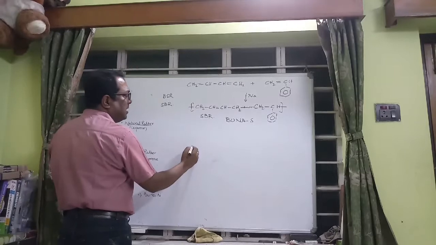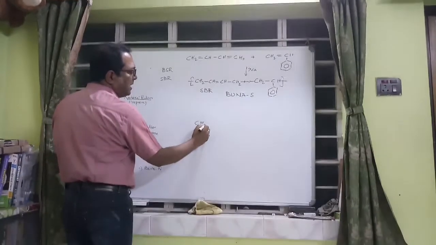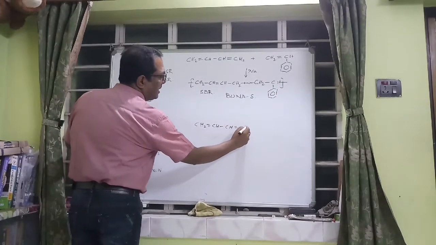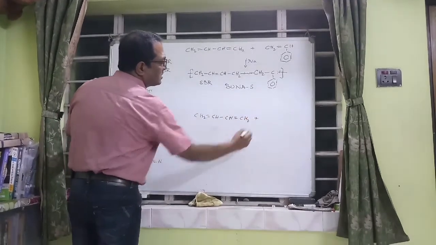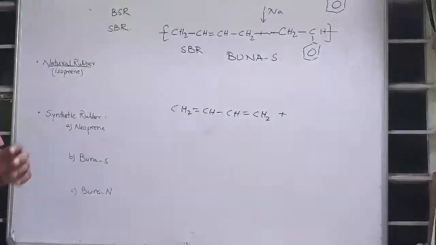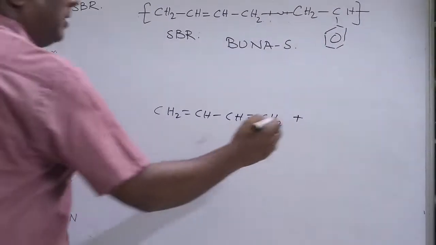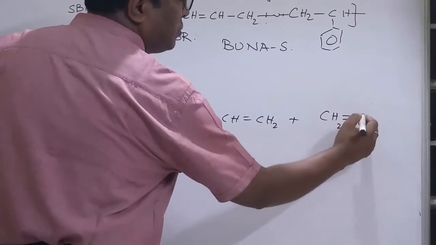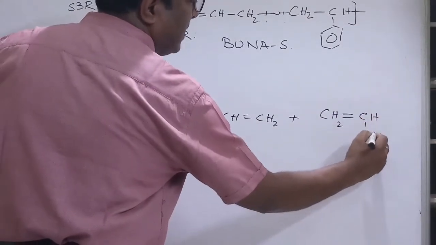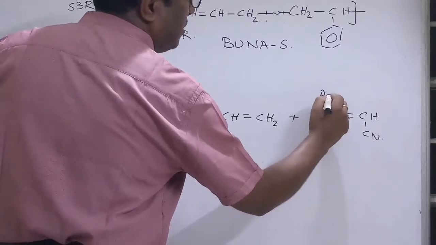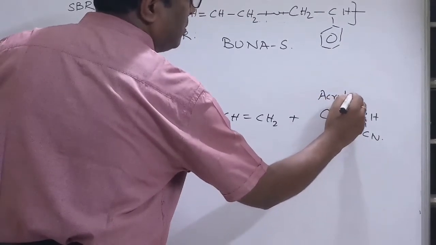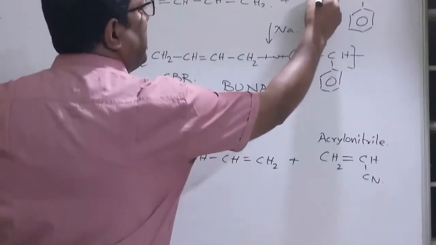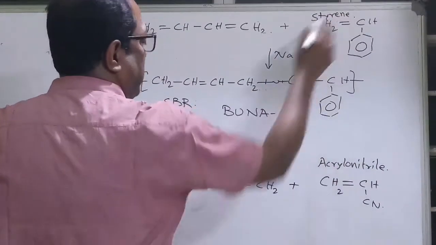This is Buna S. For Buna N you have again 1,3-butadiene plus you add here acrylonitrile. What is that acrylonitrile? CH2 double bond CHCN. This is called acrylonitrile, and this is styrene.